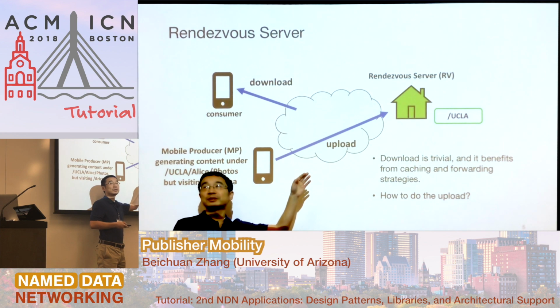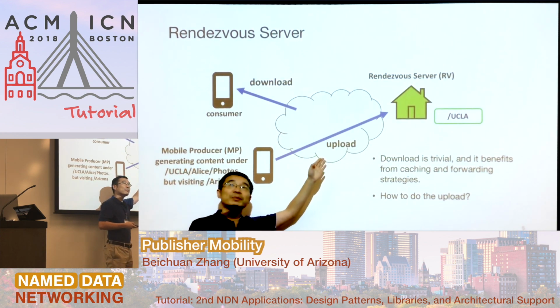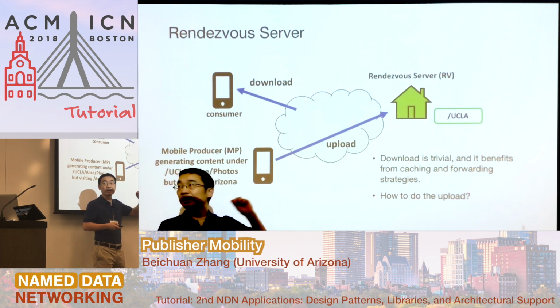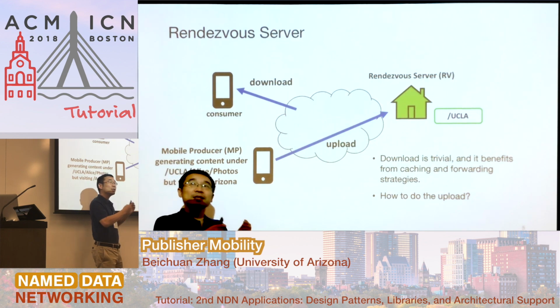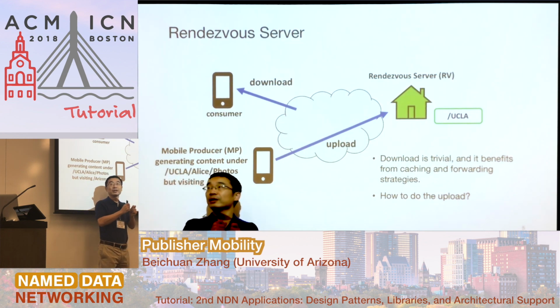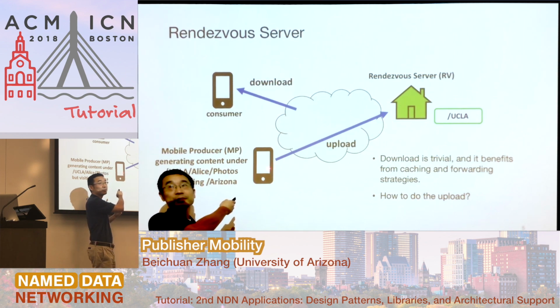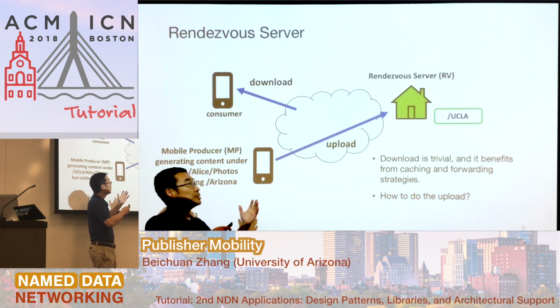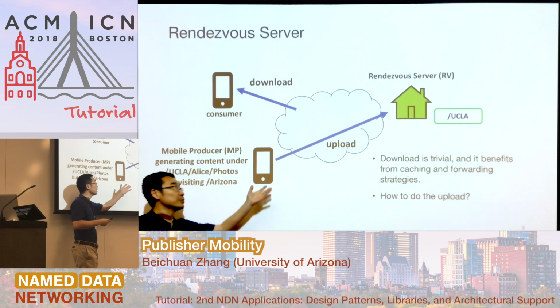Once we send the interest, think about it: in an NDN network, every router in the middle has a PIT entry. That PIT entry sort of establishes a path from here to here. If we can reverse the direction of those PIT entries, somehow set up a reverse route, then we can get back to the mobile without doing any other forwarding hint or other thing.